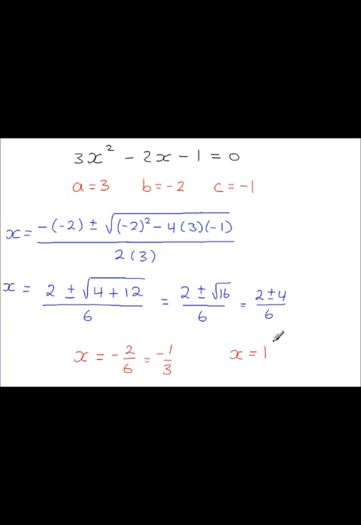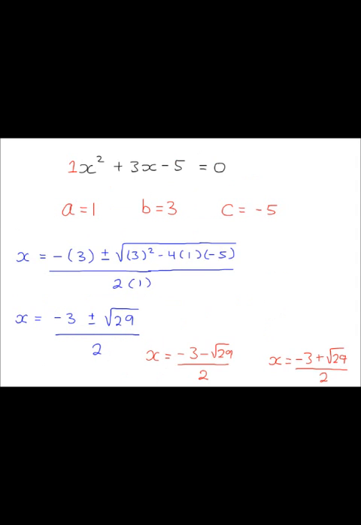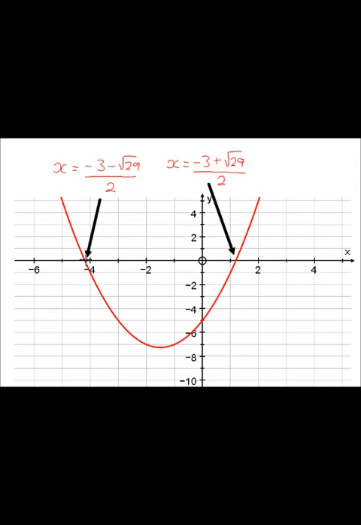So what do these solutions actually show? We'll have a look at the graphs for both of these examples. So we'll have a look at the graph of y equals x squared plus 3x minus 5. And these two values of x give these two roots on this graph.